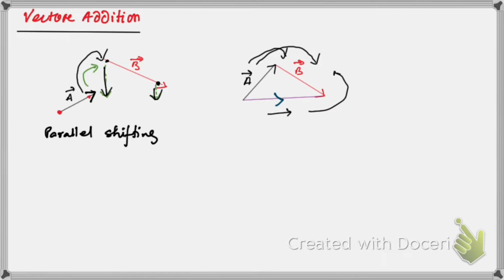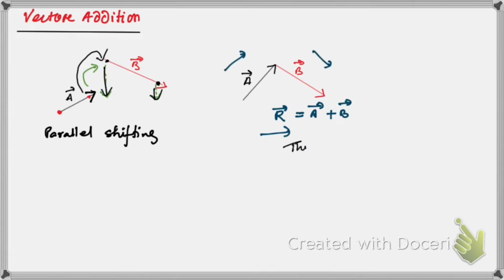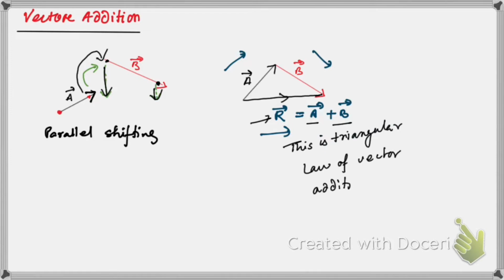In that case, this third side will represent the resultant vector of the addition, vector A plus vector B. So this is the triangular law of vector addition, right?